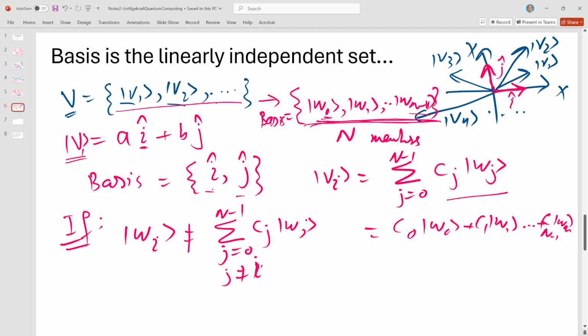So for example, there are 10 members in this basis set. So not even a single one of them can be written as a combination of the others. So this set we call a linearly independent set.